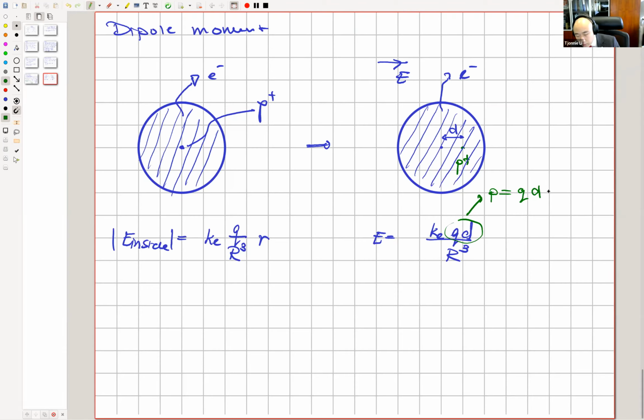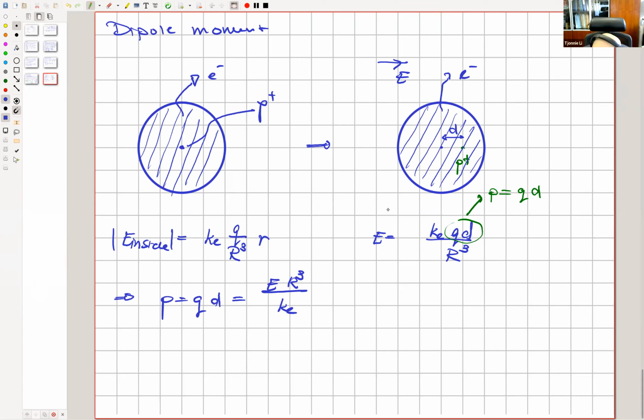And so if we assume that everything is more or less constant in this toy picture, then we can actually write that P is QD, which is the same as E R cubed divided by k_e.